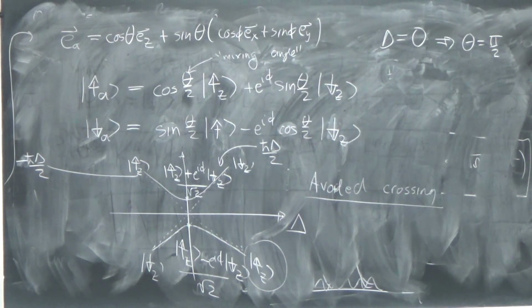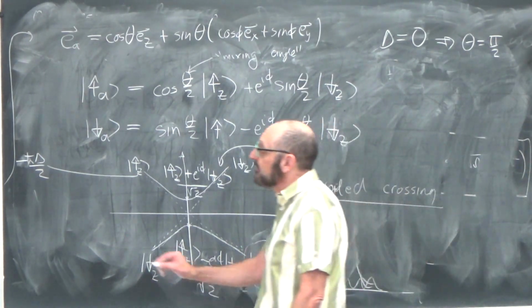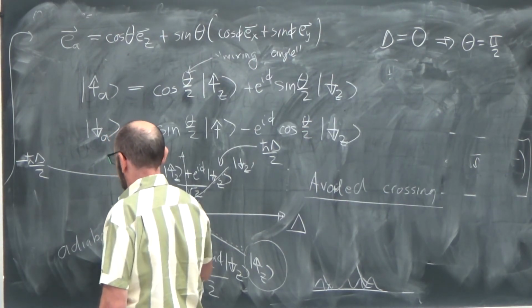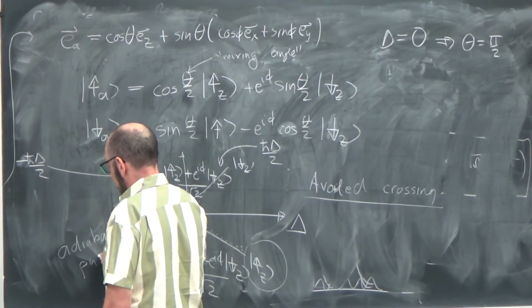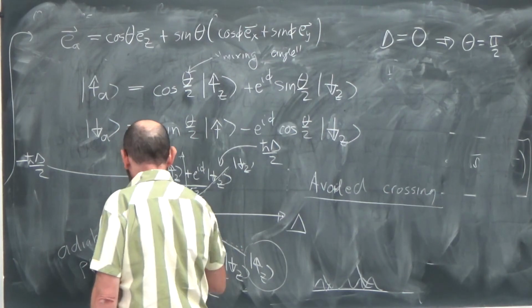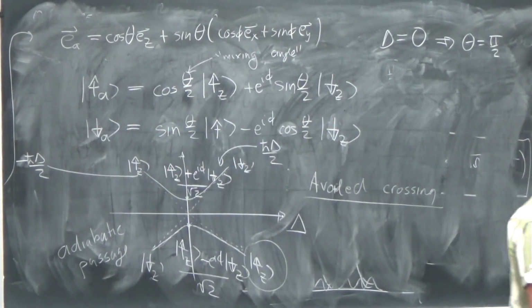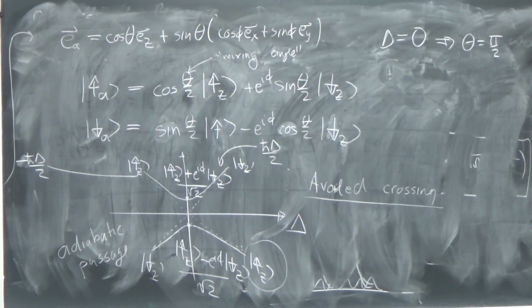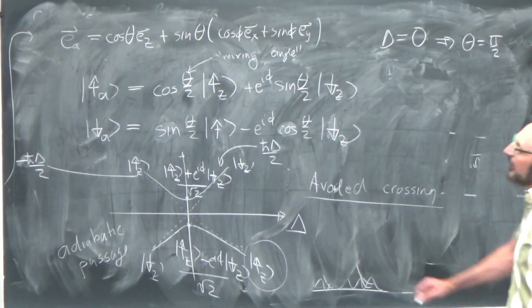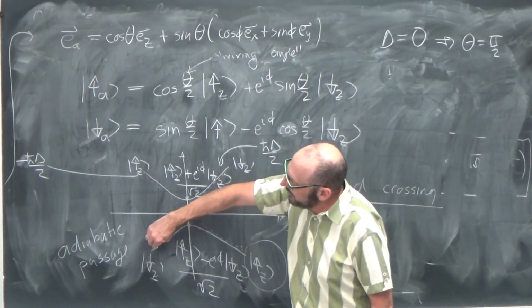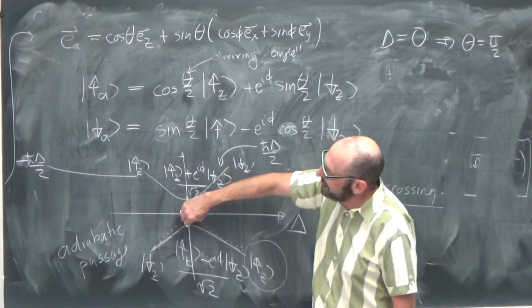We're going to have a problem about this in homework. This is known as adiabatic passage. It's another way to flip a spin from spin down to spin up. This, as you may have learned in your quantum mechanics classes, is an example of the adiabatic evolution of the system.